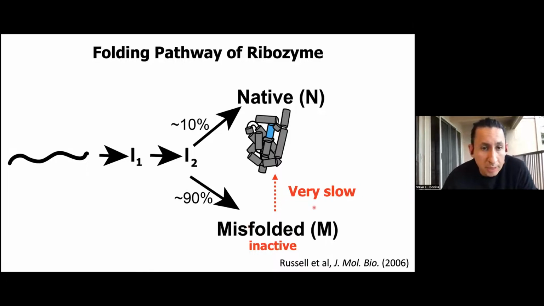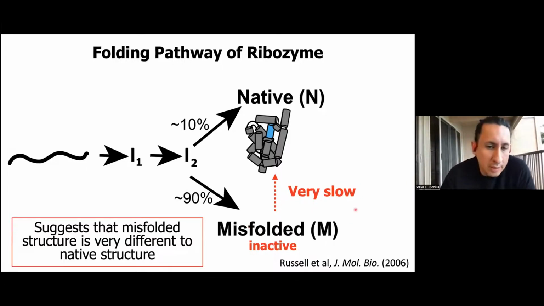So from these observations, the simplest model was that this misfolded state is just some very different structure where the RNA is trapped. That comes from the observations that first, the misfolded state is inactive, and second, it requires a lot of refolding or structural reorganization to go from the misfolded to the native state. So that suggests that this misfolded state is very different from the native state.